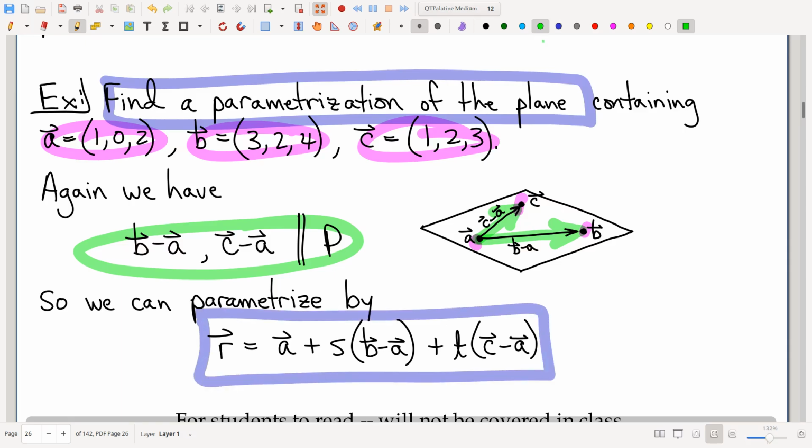All we needed were 2 linearly independent vectors parallel to the plane. And then, I guess I also need a point in the plane, so pick your favorite of A, B, C, doesn't matter. Any point in the plane will do. Something kind of satisfying about A, not that it matters. And boom. Okay.